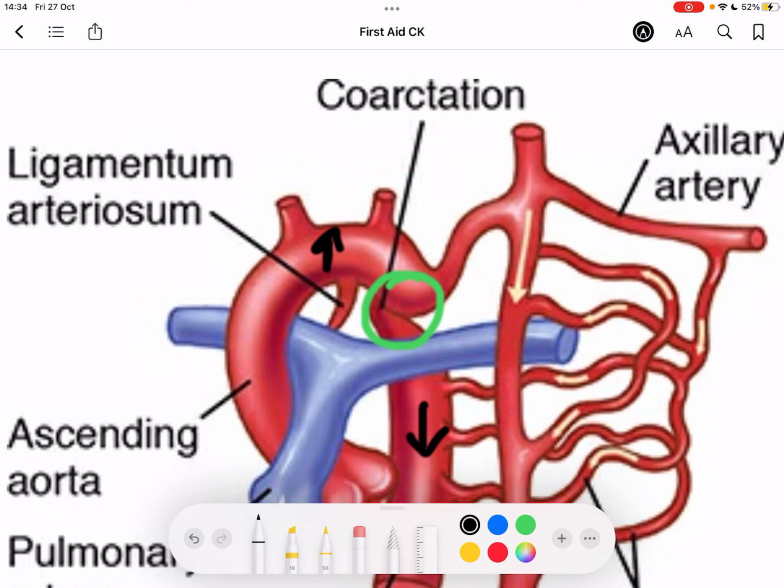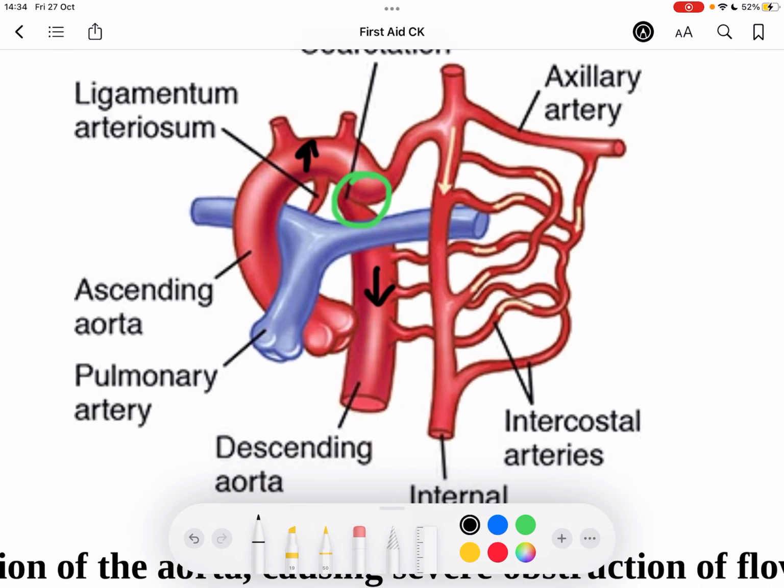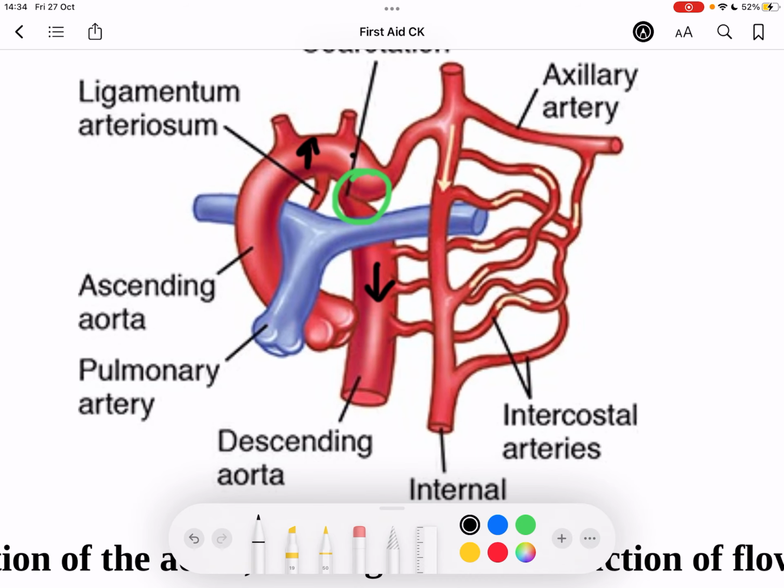One thing I also want to mention is that we do get a shunting of blood due to this high pressure. So this high pressure can start to vascularize the intercostal arteries. This is like a bed of arteries which are not so used in normal patients.